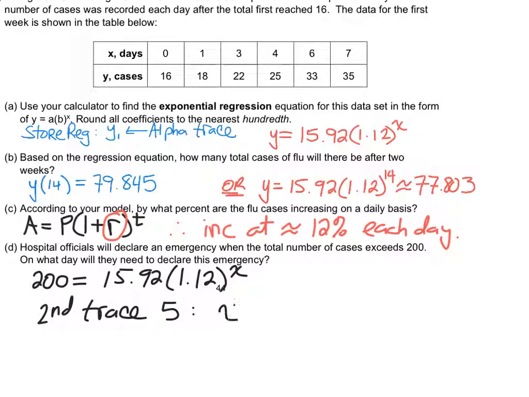And you're going to get x is approximately 21.973 days. So we have to think about in what day that would happen, because it says on what day. That would be the 22nd day.